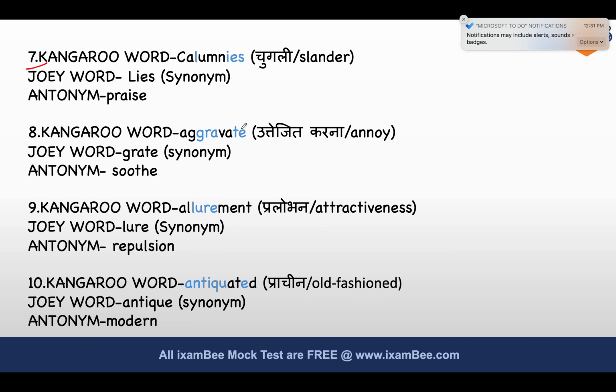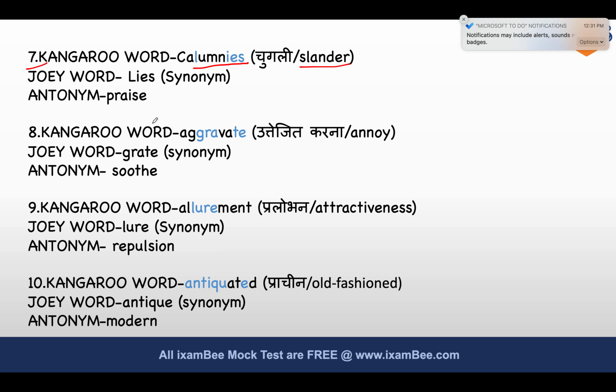Our next word is calumnies. Now the word calumnies means to lie. Yes, or in other words, to slander. Yes, to tell something about someone which is not true, to spread lies. But look, the word lies is right there in the word itself. So it should not be a problem for you to remember the synonym of the word because it's right there, lies.